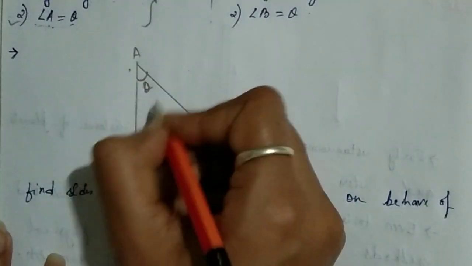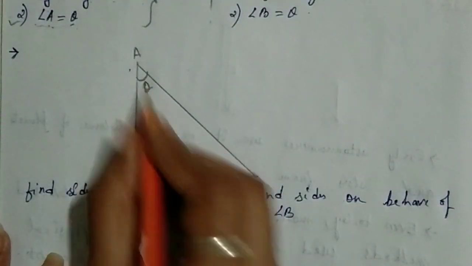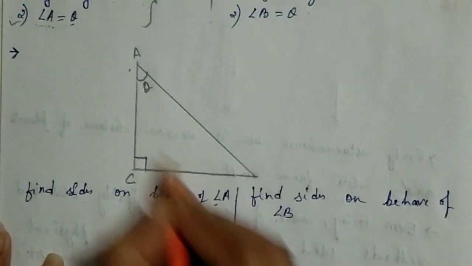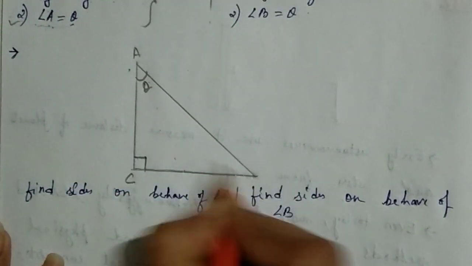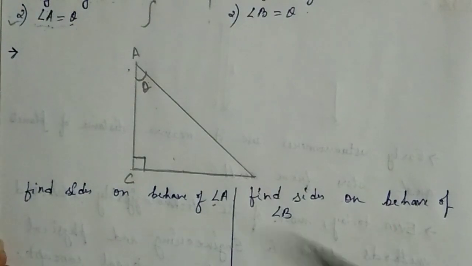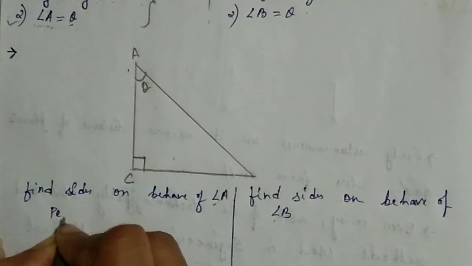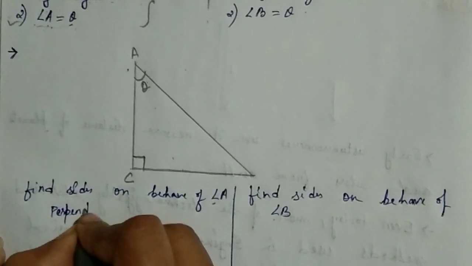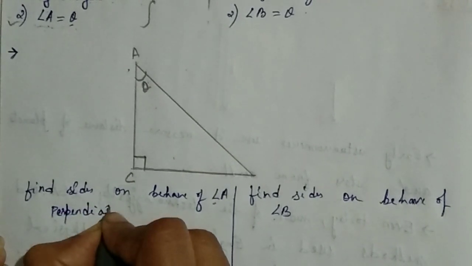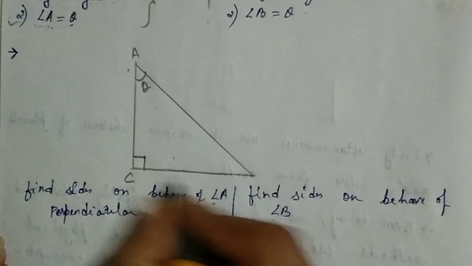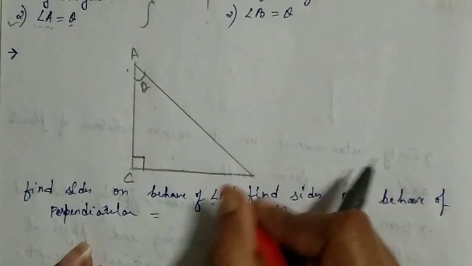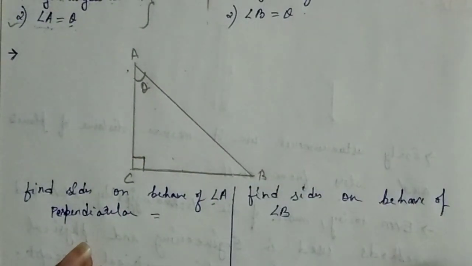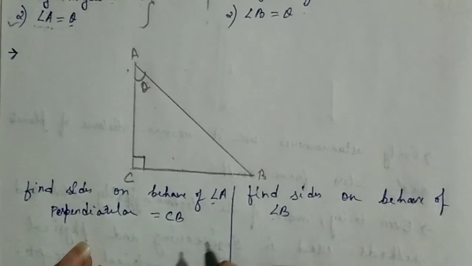So on behalf of this one, as we know, this line is totally opposite to A. So for A, perpendicular will be CB.